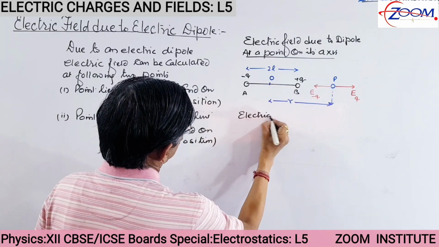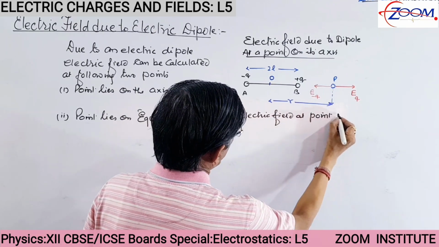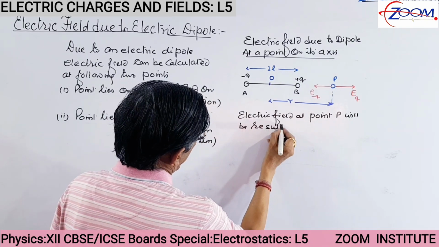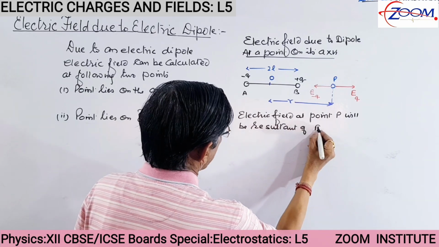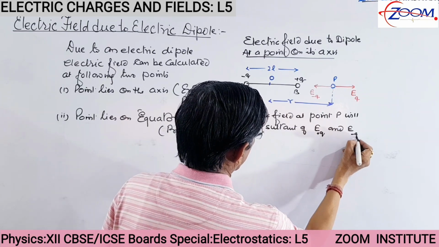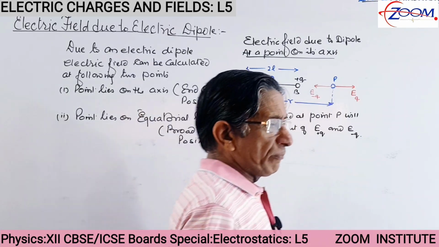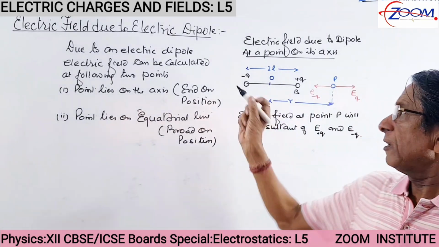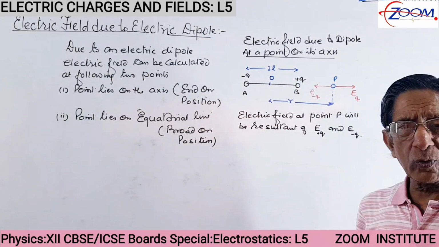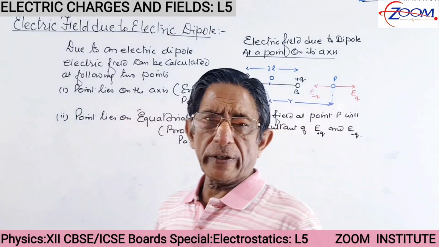So electric field at point P will be resultant of E plus Q and E minus Q. So dear students, once again you listen, there is an electric dipole AB with positive charge at point B, negative charge at point A. 2 charges are separated by a distance 2L. From its center O at distance r, there is a point P where we have to calculate electric field.